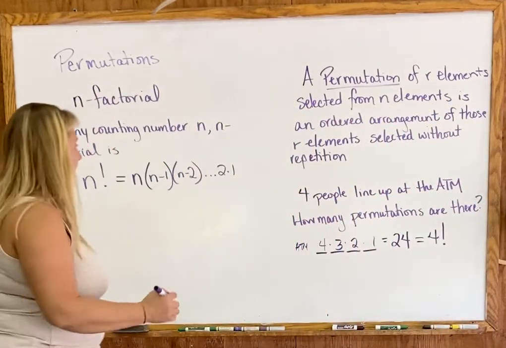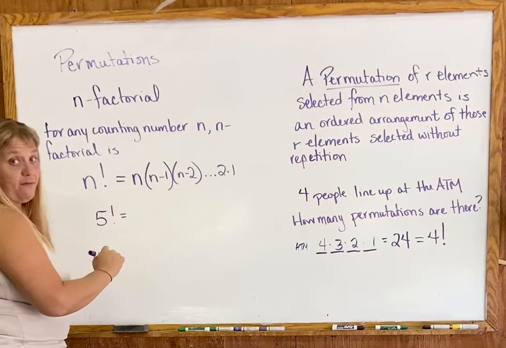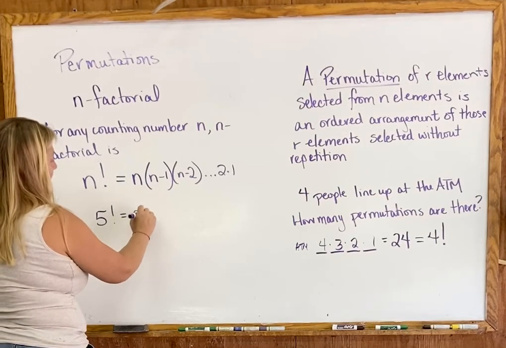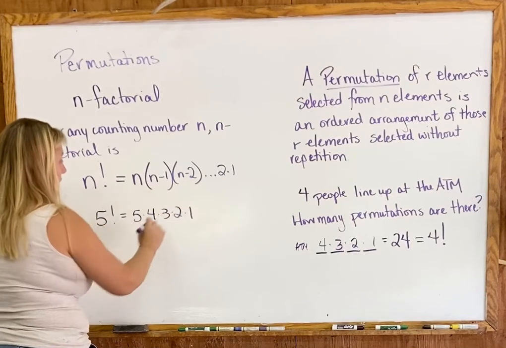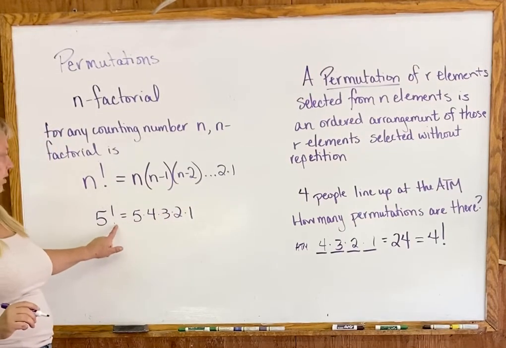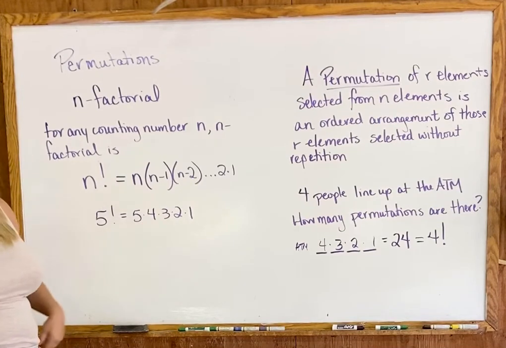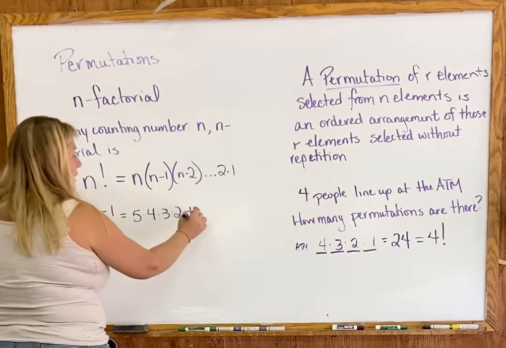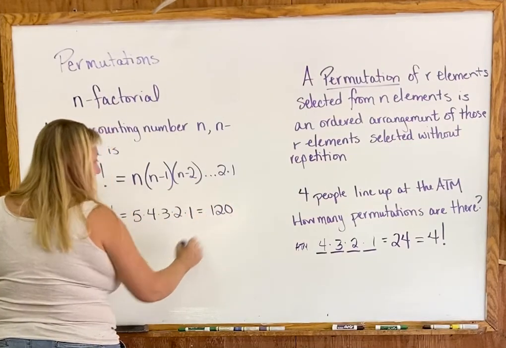Now, if I asked you to find 5 factorial, it would be 5 times 4 times 3 times 2 times 1. The idea behind the factorial is that we don't have to write that out, which is nice because it gets tedious. If we did multiply this out, we would find 120.